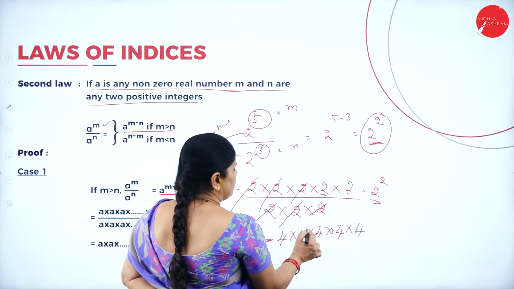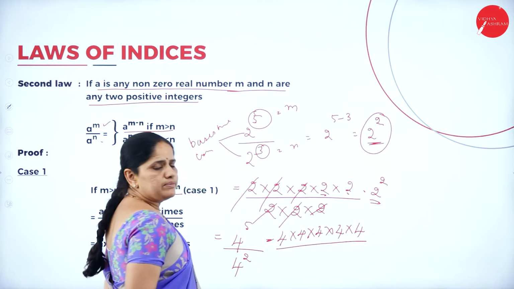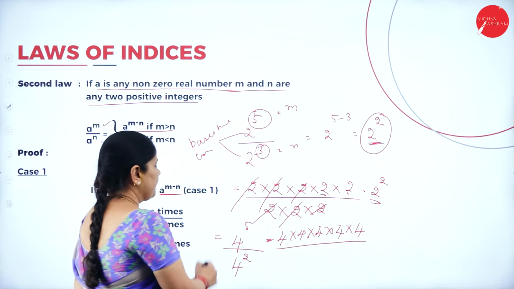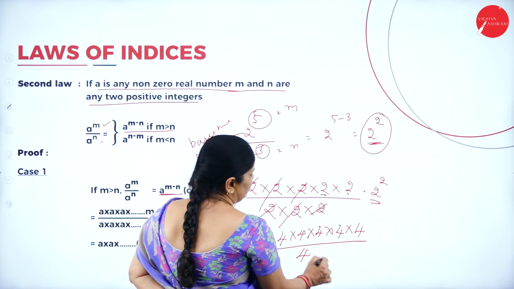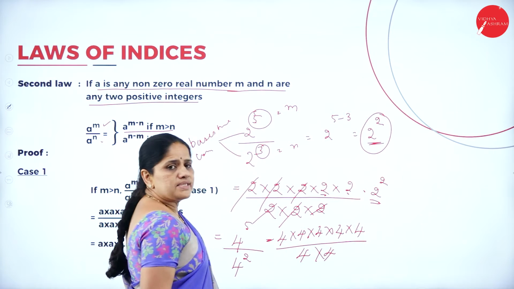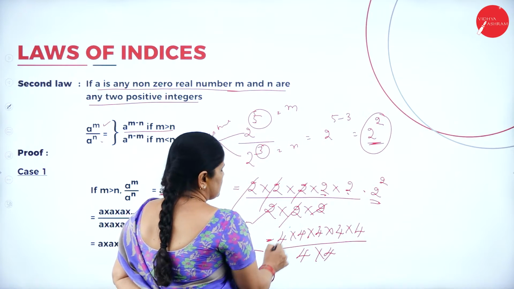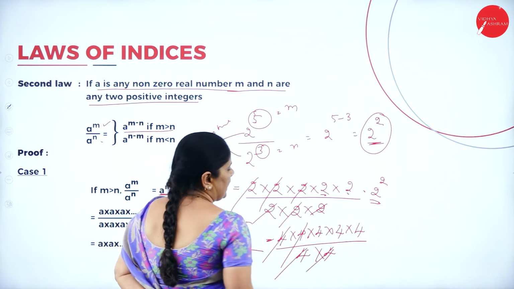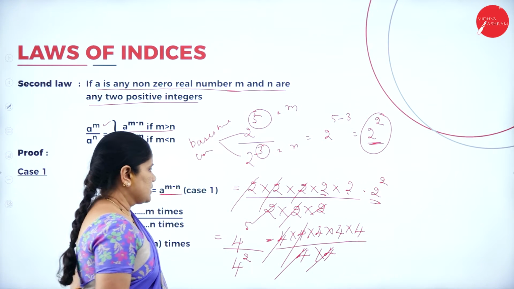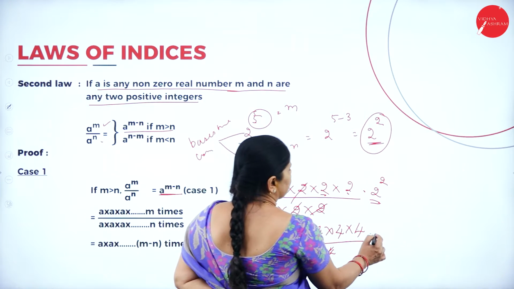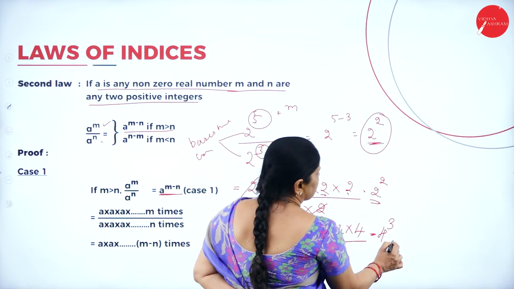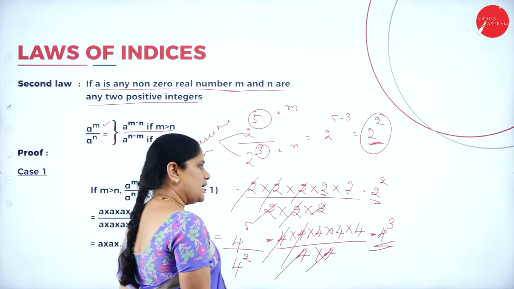So 1, 2, 3, 4, 5, 5 times I have multiplied 4. Then again 4 into 4, so 2 times I have multiplied 4. So I will cancel these 4's. What is remaining here? 4 to the power 3. So this is the answer.